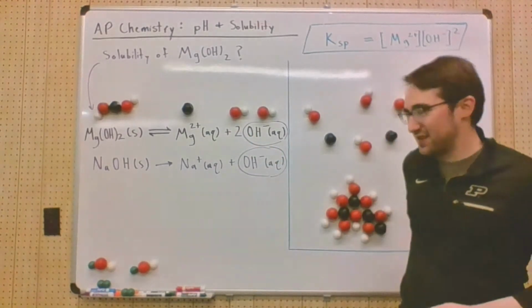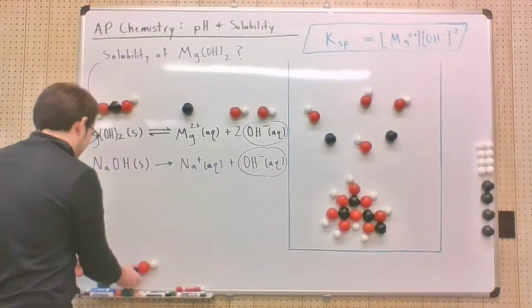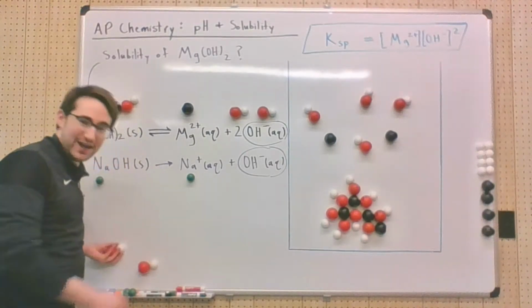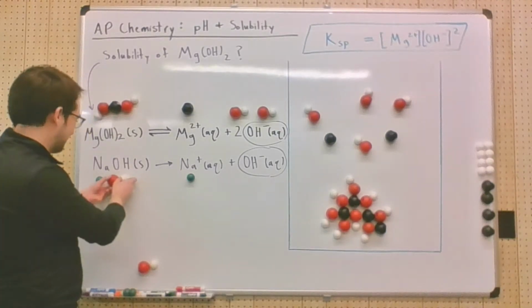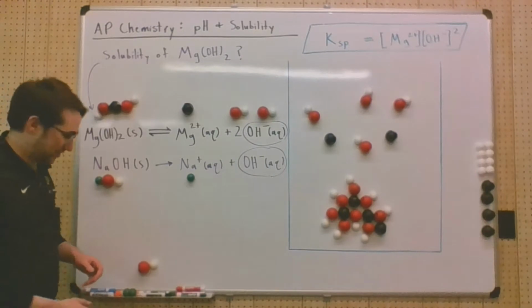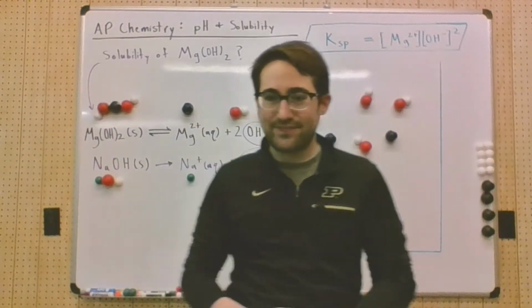So I'm going to represent my sodium with a green atom. And my hydroxide is still going to be red for oxygen and white for hydrogen. Like that.